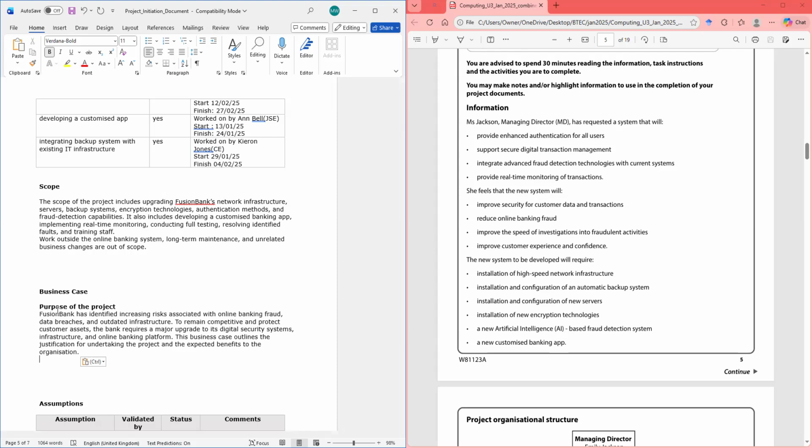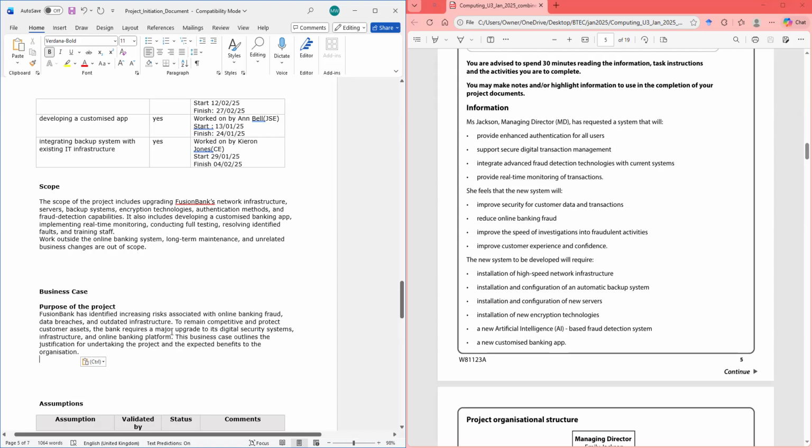All right? And then you're going to say, this business case outlines the justification for undertaking the project and the expected benefits to the organization. So let's look at it now. You're going to identify what is happening to Fusion Bank.